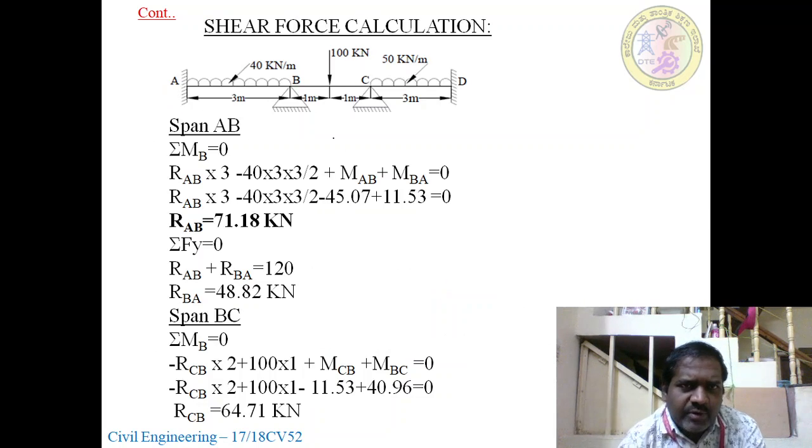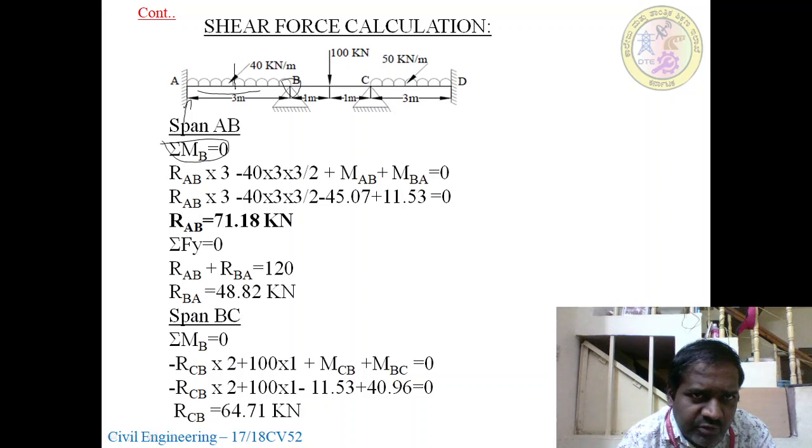Next, the calculation of shear force will be the same as what we calculated earlier. First take the summation of moments at B equal to 0. Check RAB multiplied by the span up to B, 3, minus, see the direction, clockwise.